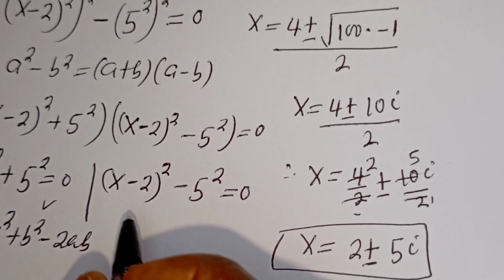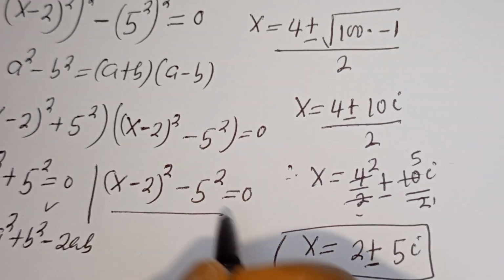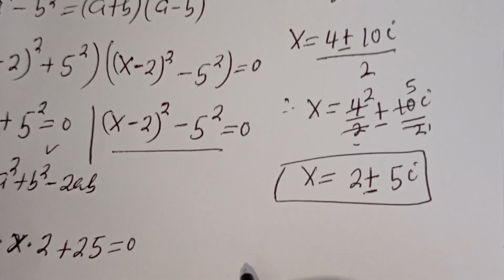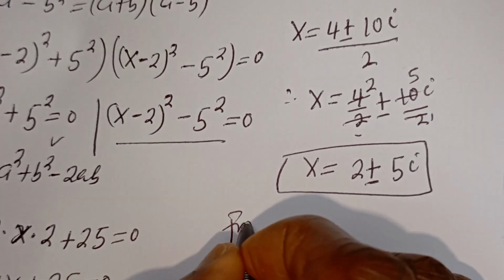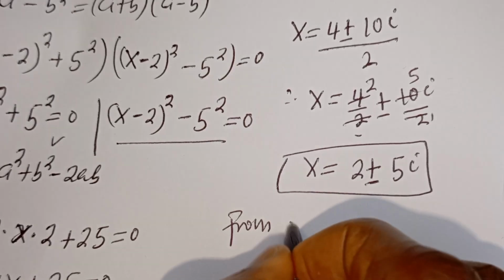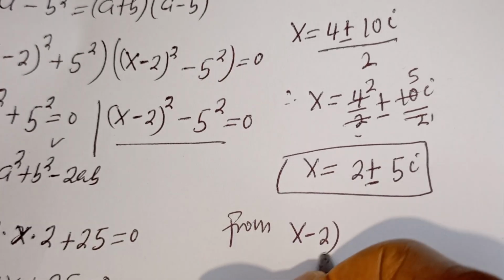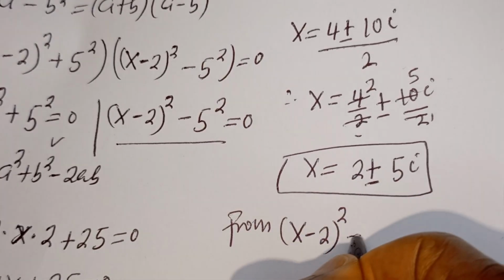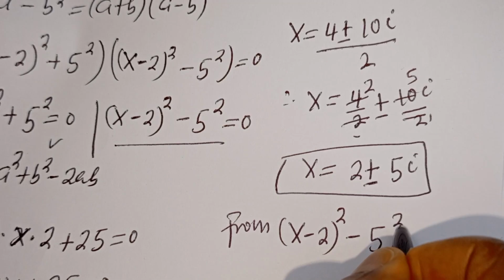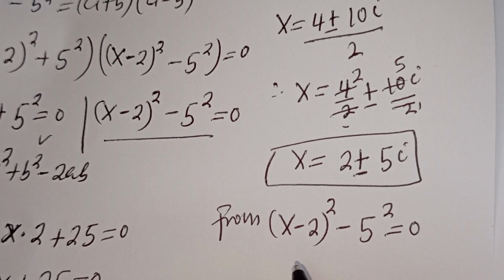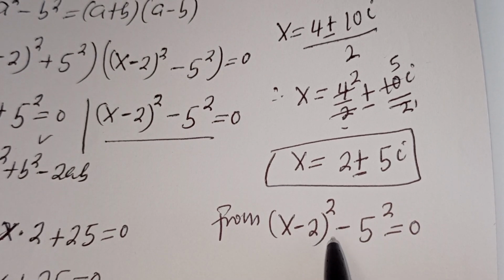Now, let's consider the second case, which is this. From the second case, (x minus 2) all square minus 5 square is equal to 0. This also is in the form of perfect square.